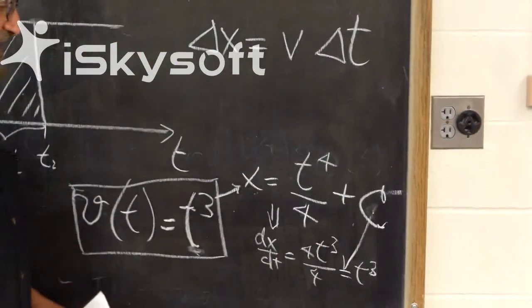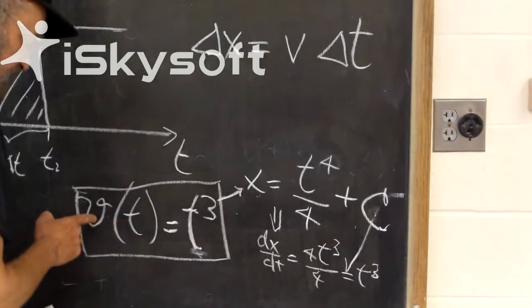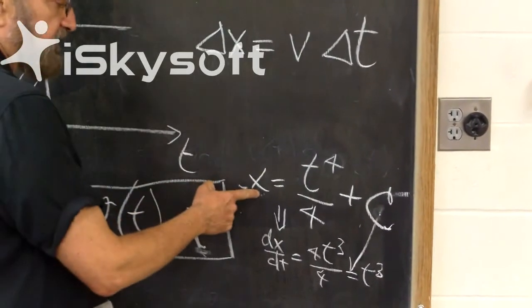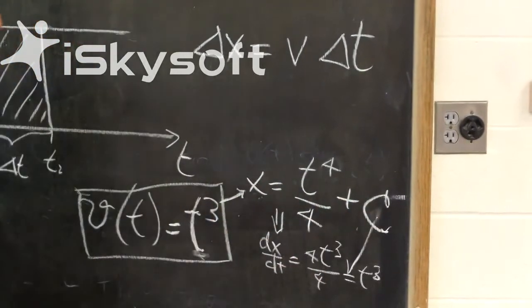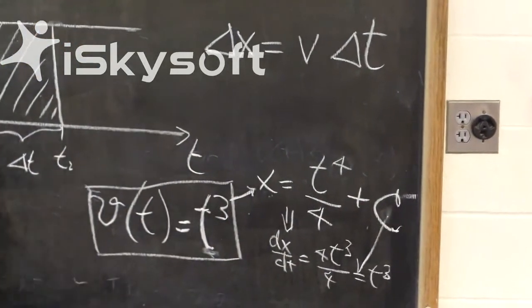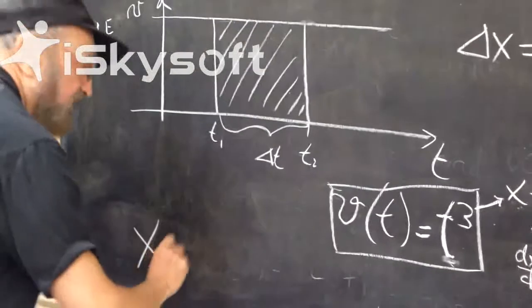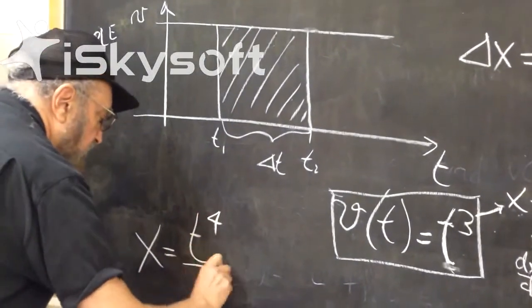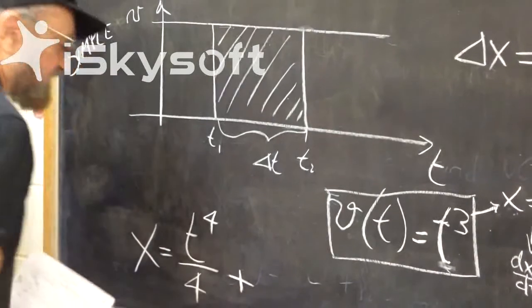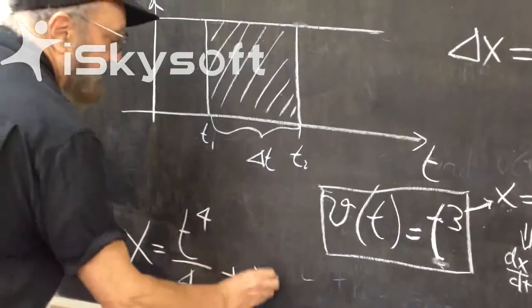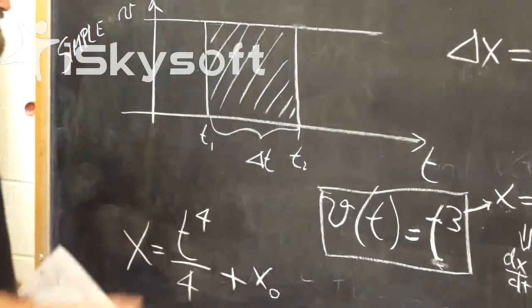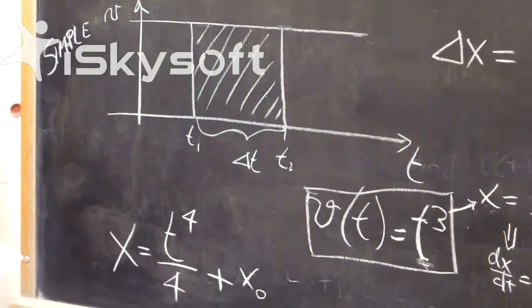An antiderivative like this, going from the slope to the curve itself, always contains an arbitrary constant. In this case, the final answer is x has to equal t fourth over 4 plus, can you guess? At t equals 0, this term would be 0, so it's x0. That's very much implicit in the notation.